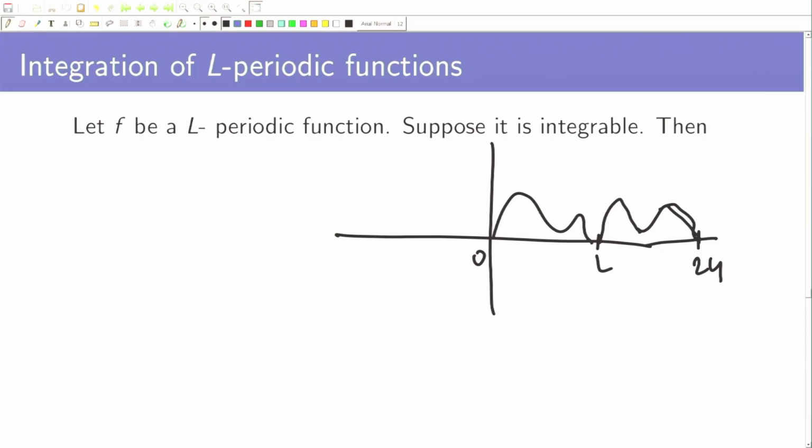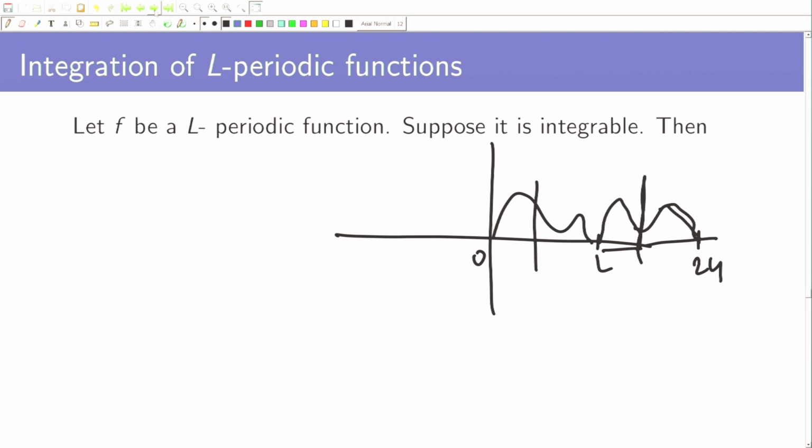So, intuitively, suppose I start at this point and I take a length of L, then whatever I am missing out from this is incorporated here in this interval. So in every interval of length L, we guess that the area under the curve is going to be the same if we are dealing with an L periodic function.